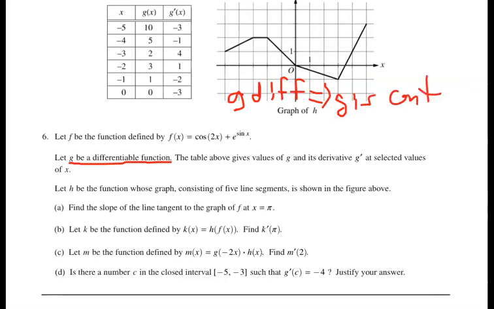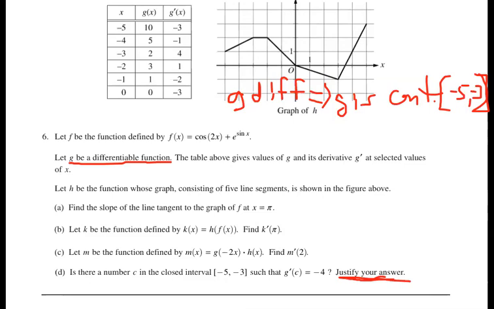Now we could say from -5 to 0 like I did earlier, but this problem is wanting from -5 to -3. So we're going to have to say that before we can give this justify your answer part right there. So this is telling me that it's a mean value theorem.